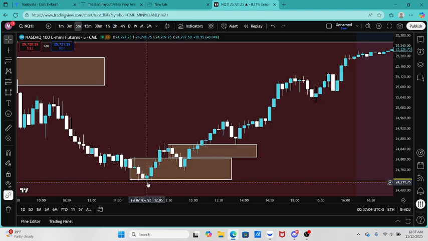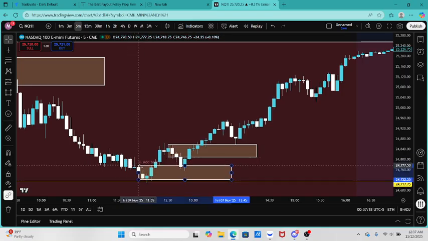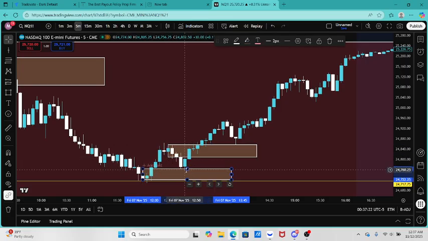As soon as you see price displace up above this high and come back down and start in the order blocks, so you have an order block right here, and these order blocks hold price, honestly you could enter right there as soon as you see that.